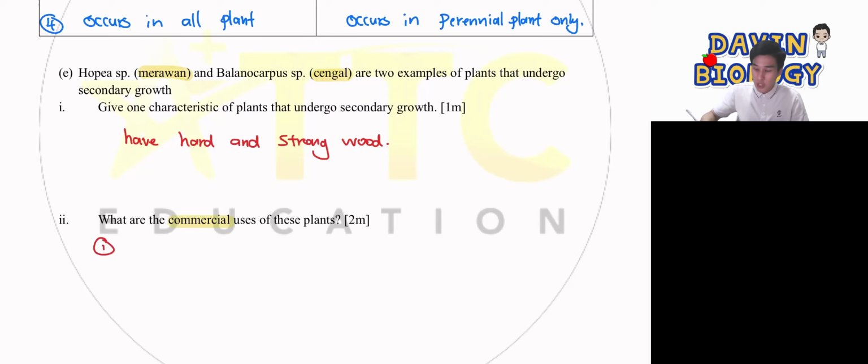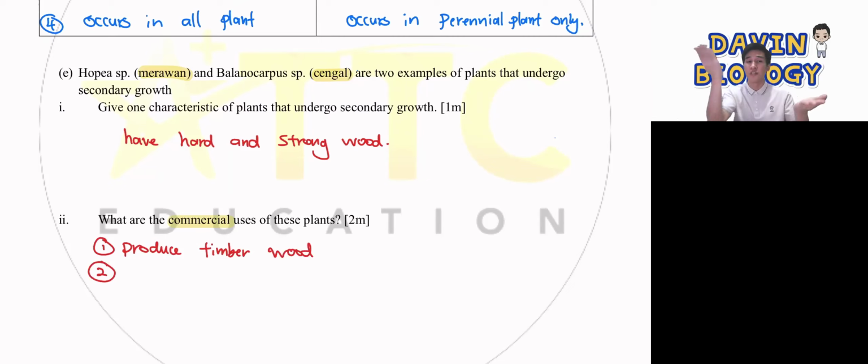Number one, like we mentioned, wood. Wood can be used to make many things, right? So this is how you explain. You can say it's used to produce timber wood, kayu balak, 木材, three languages I mentioned already. So what we use timber for, basically, of course, furniture, paper, buildings, some buildings that are made of wood, right?